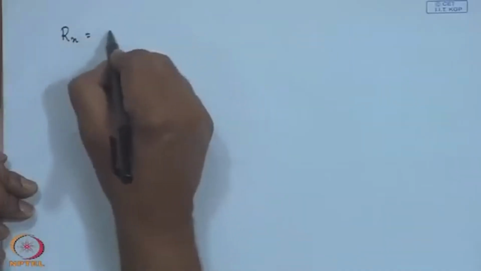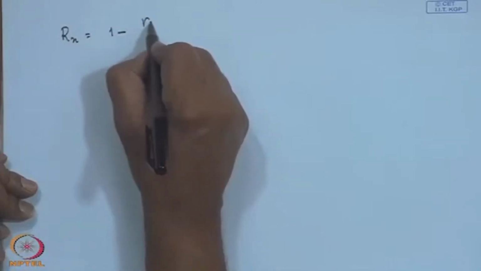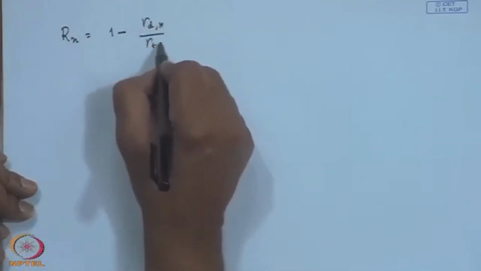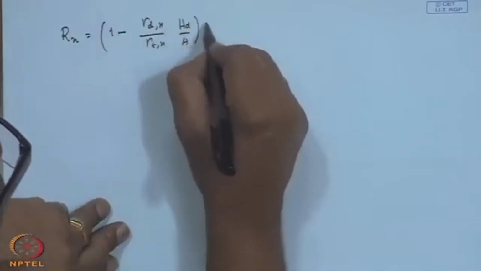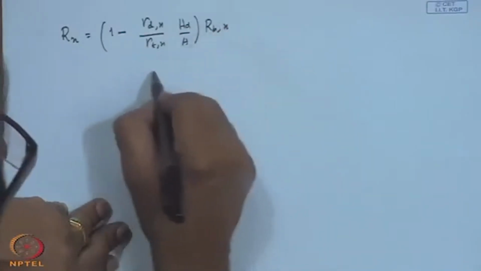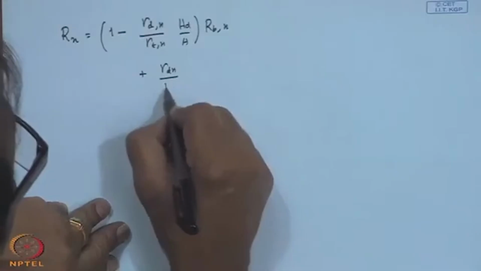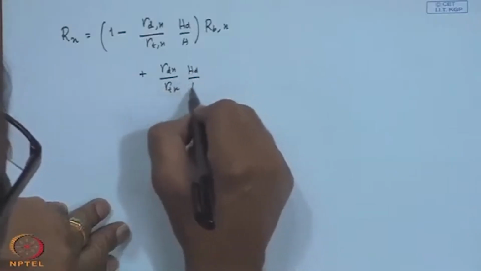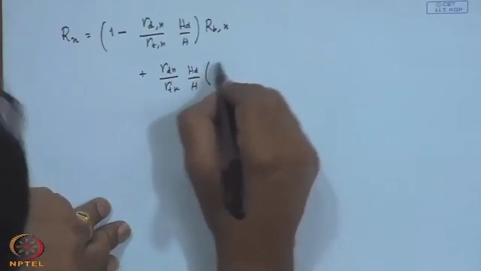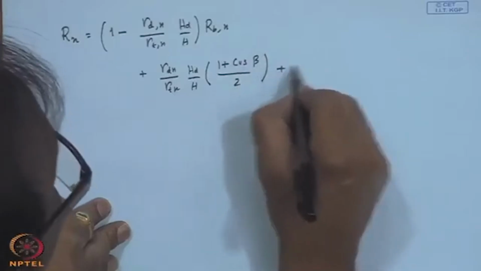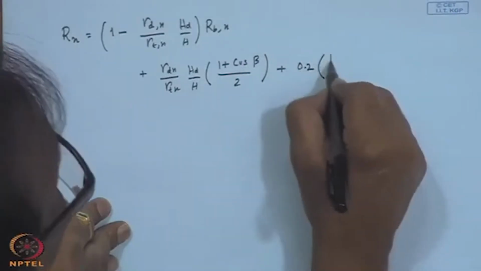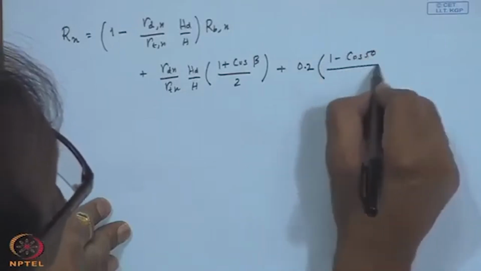So, these were the things that we have used in calculating R n. In the formula 1 minus R d n by R t n times h d by h times R b noon plus R d n by R t n h d by h times 1 plus cos beta by 2 plus 0.2 times 1 minus cos 50 by 2.